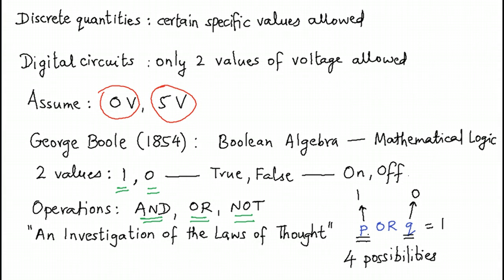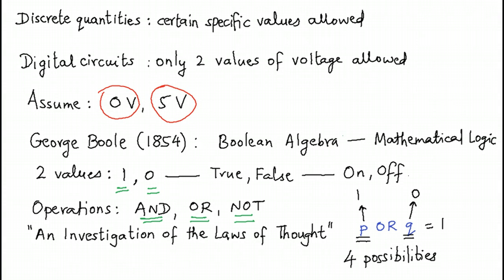In the example which we have just set up, when P is 1 and Q is 0, P or Q is equal to 1. So all of this was to give you a very basic feel for Boolean operations and Boolean values.